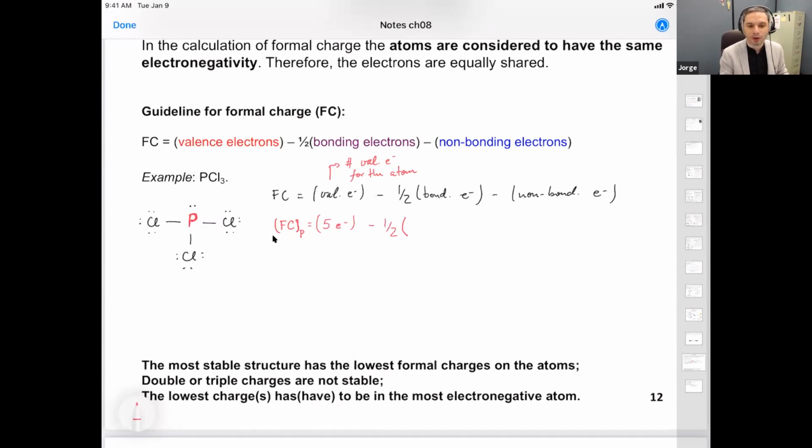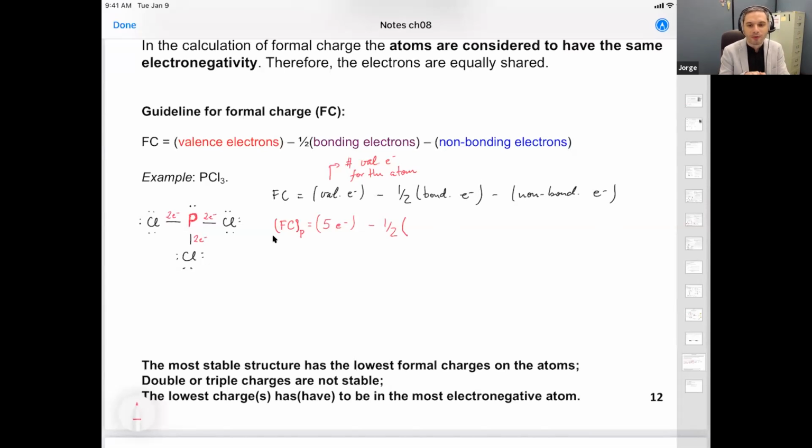Now, what we are going to do is count how many electrons are being used to bond phosphorus with all the chlorines. Each single bond counts as 2 electrons. So we have 2, 4, and 6.